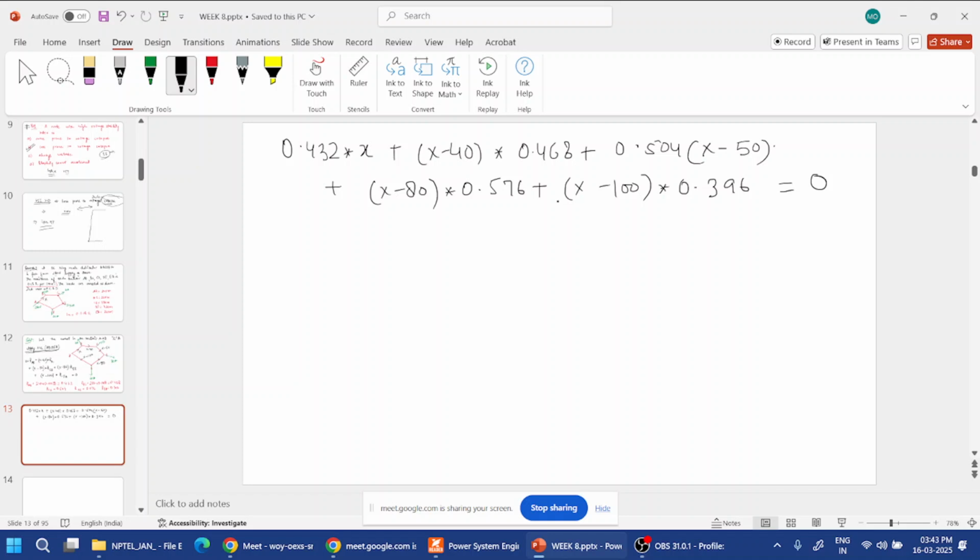Okay, yes. So if we solve it for x, it's a simple equation.